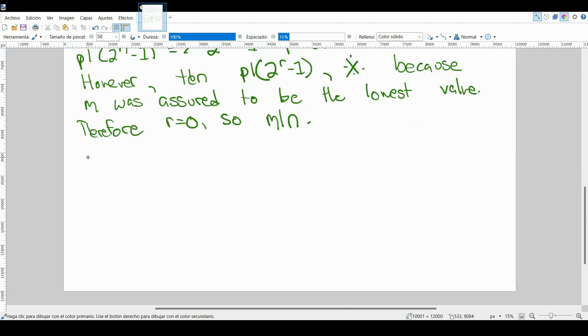And then we need to recall that we're outside of the limit now. We're done here. But we need to recall that p was the lowest prime divisor of n.